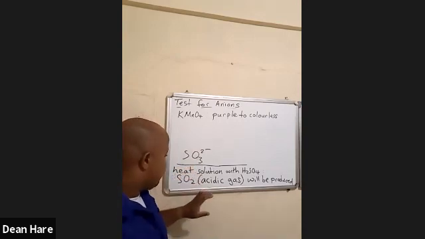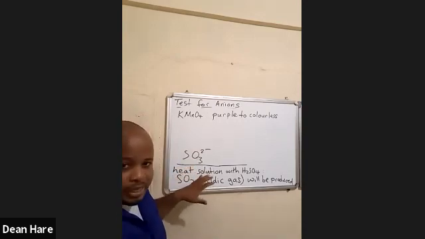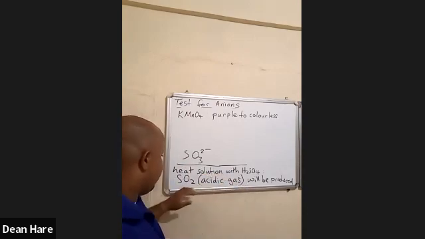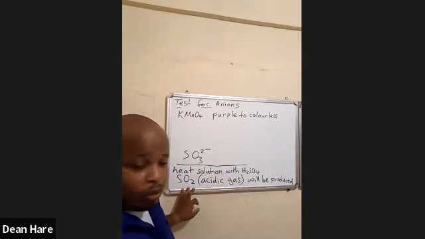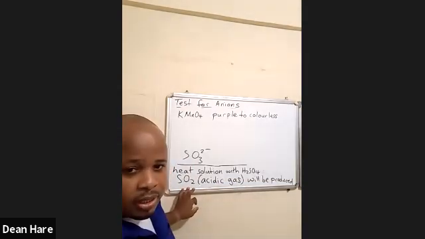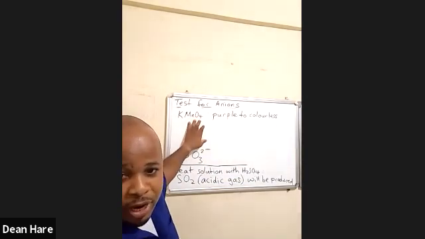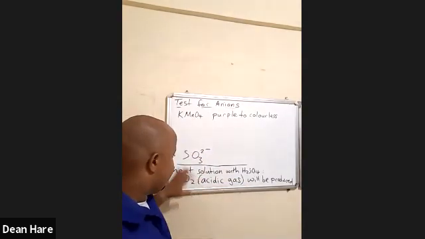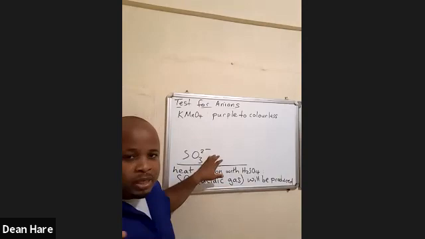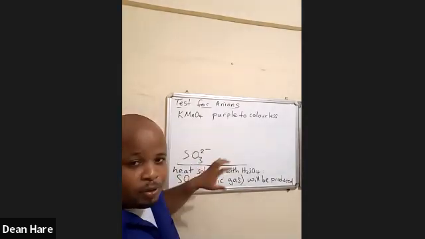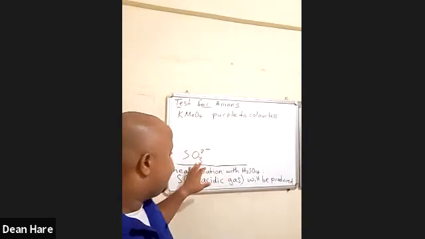And it is to confirm, remember, we would heat this solution with sulfuric acid and we would get our acidic gas, which is SO2. We can bubble the gas in potassium permanganate.